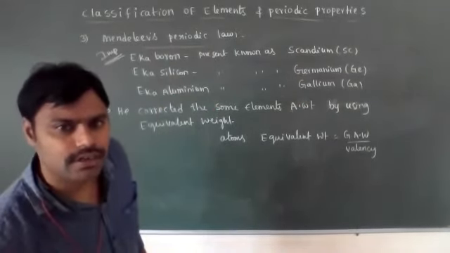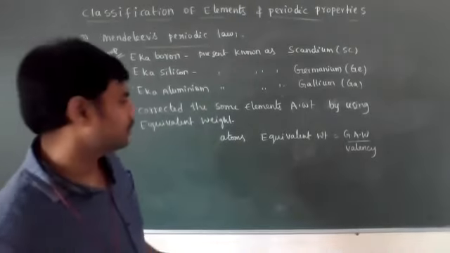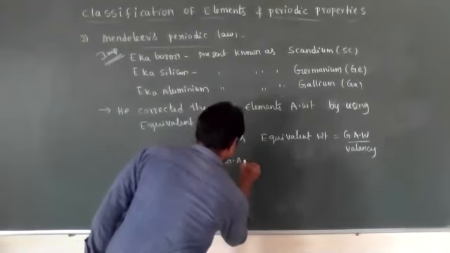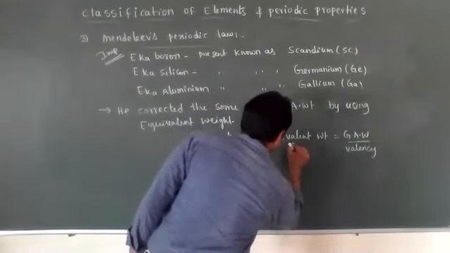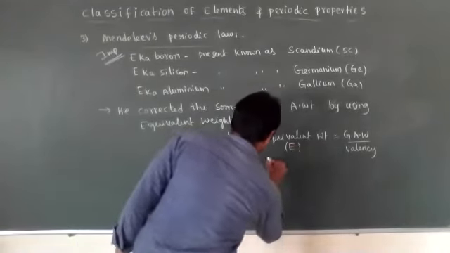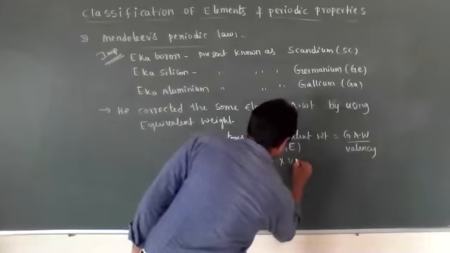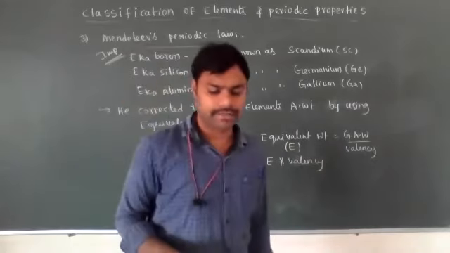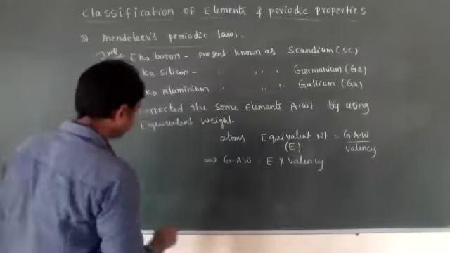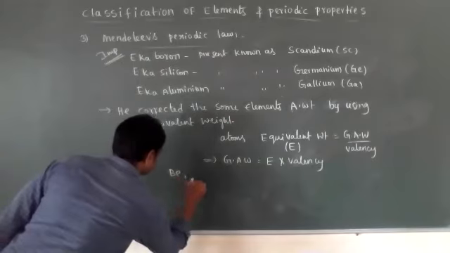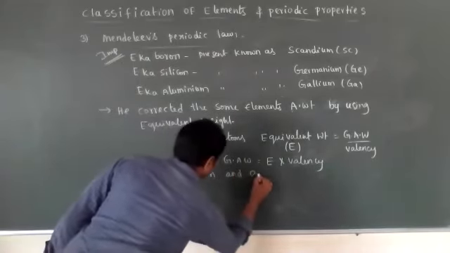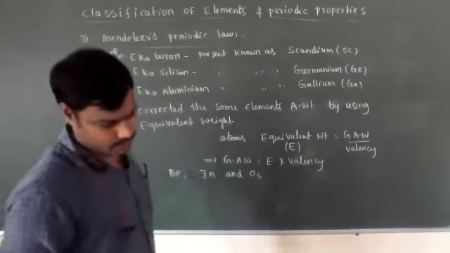Okay, students. Now let's see. According to this, equivalent weight is gram atomic weight by valency. Which elements had their atomic weights corrected? Especially beryllium, indium and osmium.